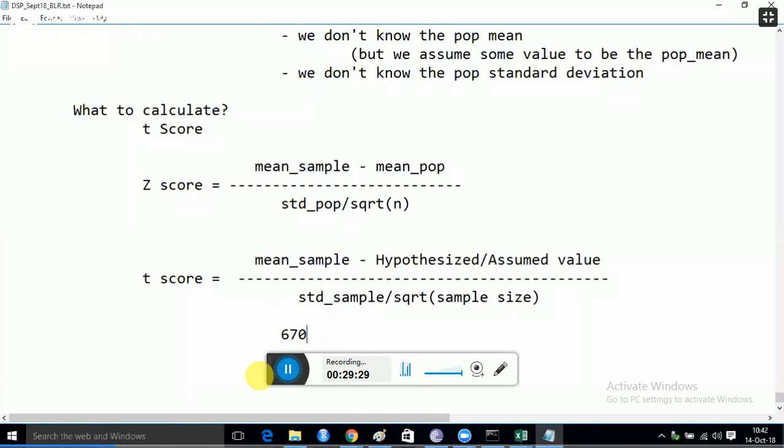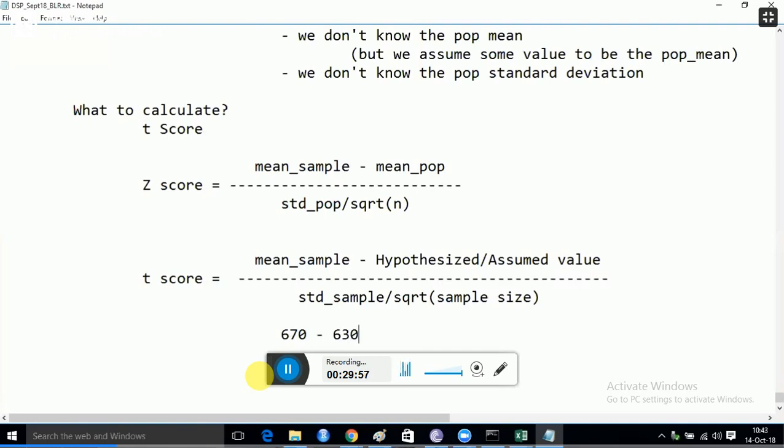Now as management, we are performing a statistical test and saying, the sample mean is 670, fantastic. But in my mind, the actual mean is 630 because I am the management and this is what I know. I'll not get into your assumption of 670; I'm taking my assumption of 630. So that's my hypothesized value of your population. So 670 minus 630. This is what we had done yesterday, right?